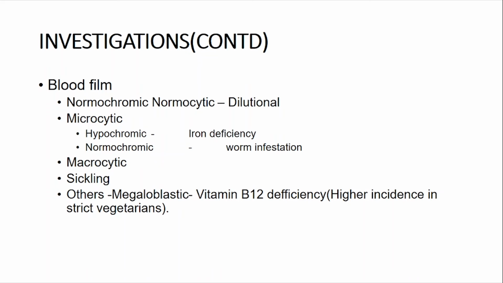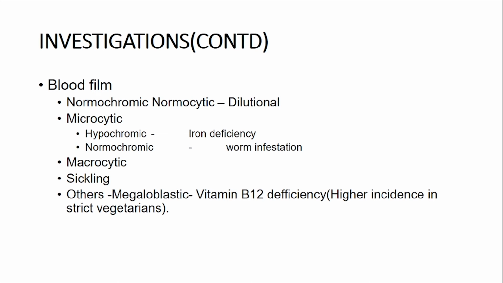Also, blood film is important, and this could be interpreted as being normochromic, normocytic, and this is seen in dilutional anemia. Also, microcytic hypochromic, as can be seen in iron deficiency anemia. Also, microcytic normocytic, which can be seen in worm infestation.